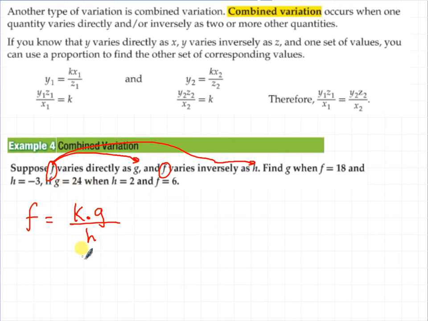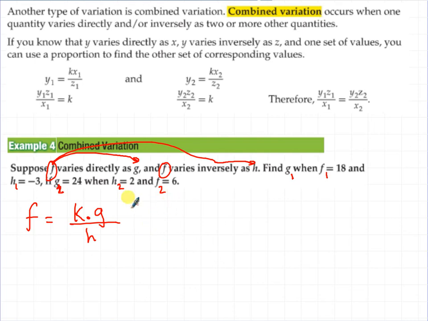Again, because f varies directly with g, g is up, and inversely with h, so h is in the denominator. And again, I would have two sets of values, g1, f1, h1, and this is g2, h2, f2. And what I'm looking for here is g1. Now, how can I set up my proportion equation?